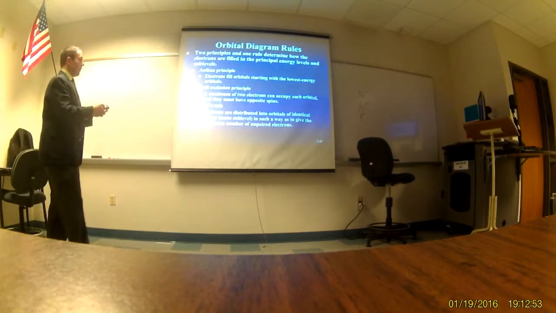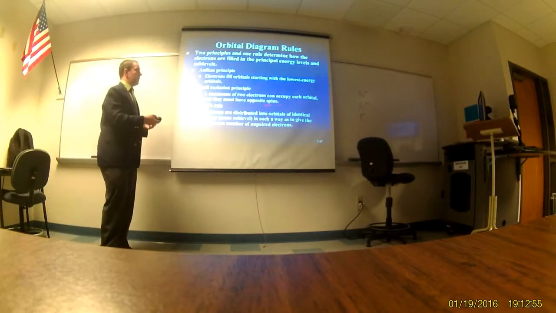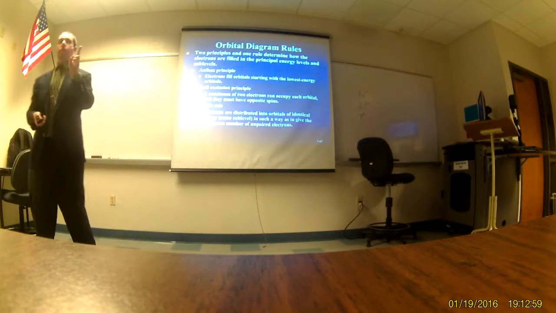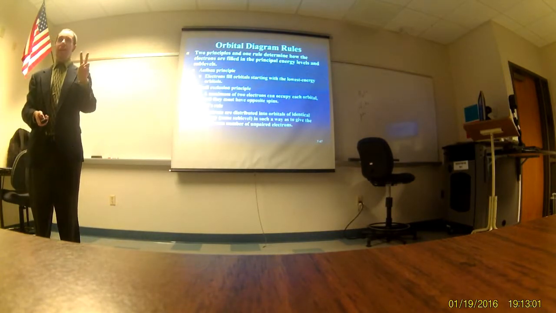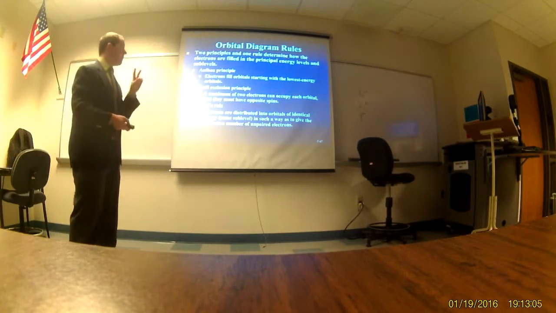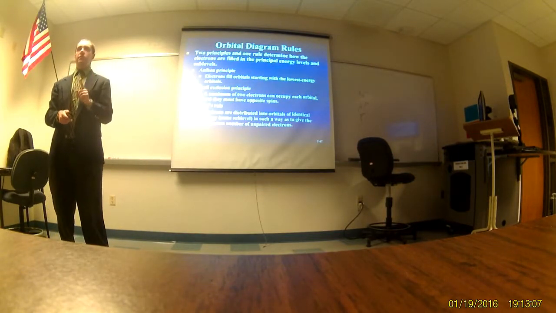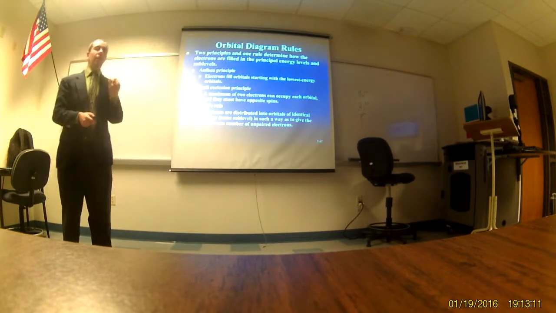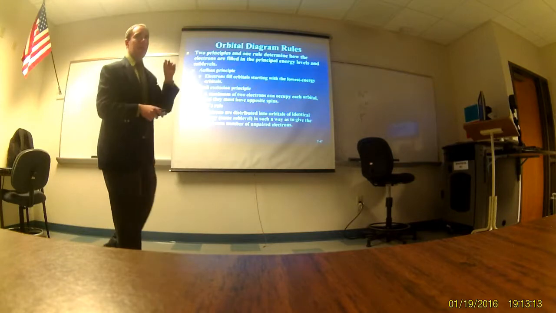The next one is the Pauli exclusion principle. This says that you can only have 2 electrons in each box, no more. And if you have 2 in that box, they need to be pointing in different directions. You cannot have 2 arrows in a box pointing in the same direction.